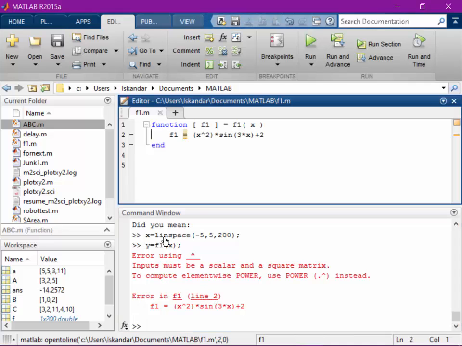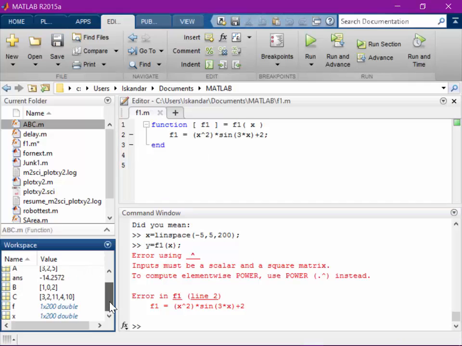F1, line 2: F1 is equal to x squared times 3 times x plus 2. Do I have a missing parenthesis up there?